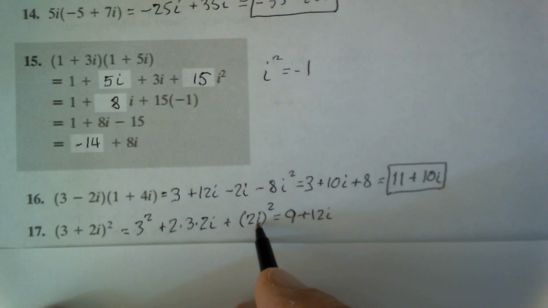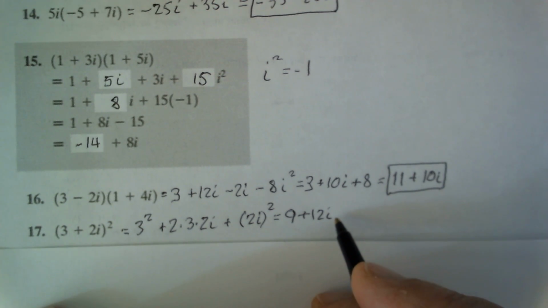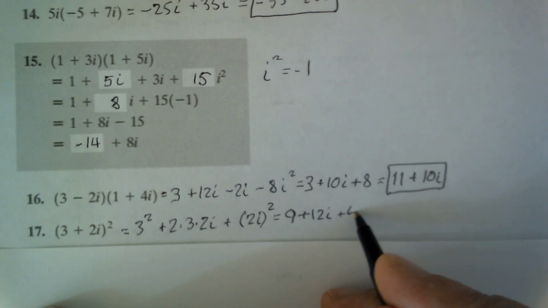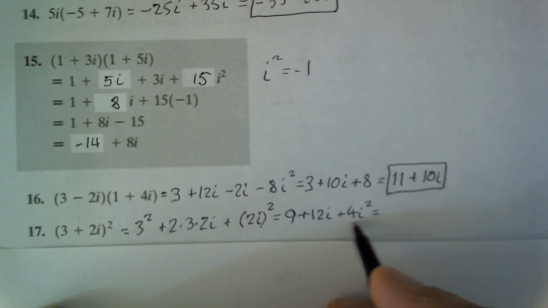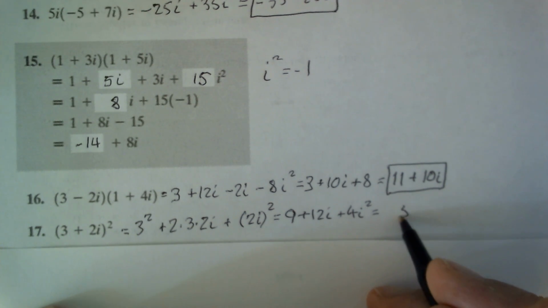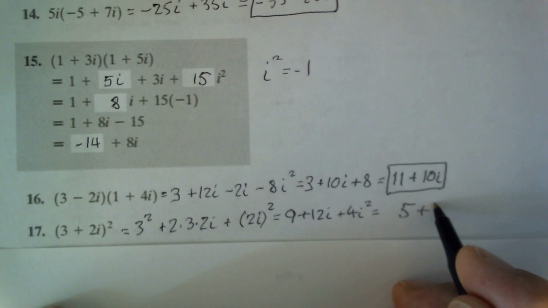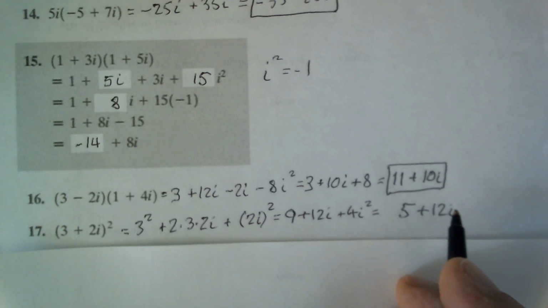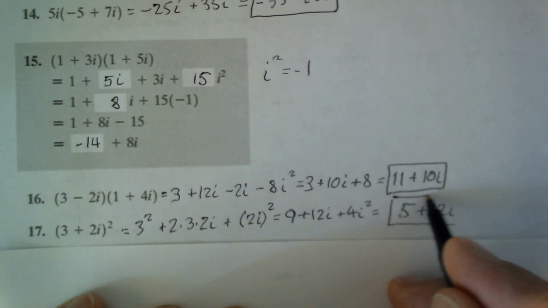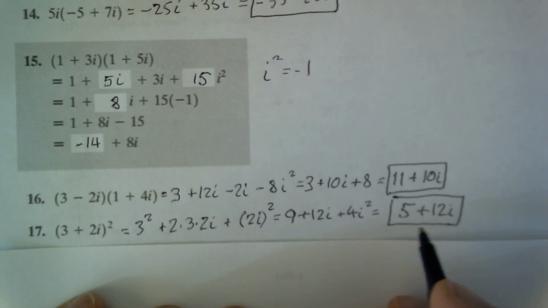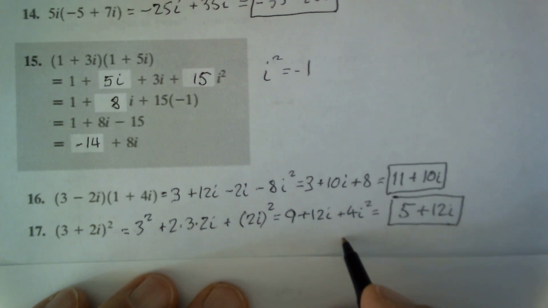When we square 2i, we get 4i squared. But i squared equals minus 1, so that becomes the negative 4. And 9 minus 4 is 5 plus 12i.